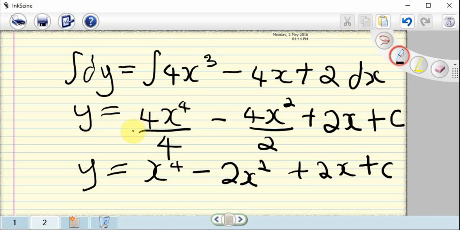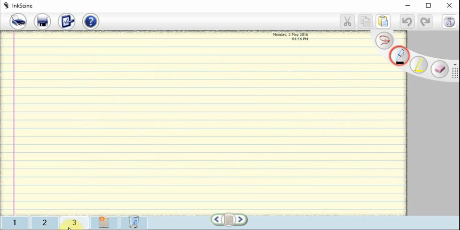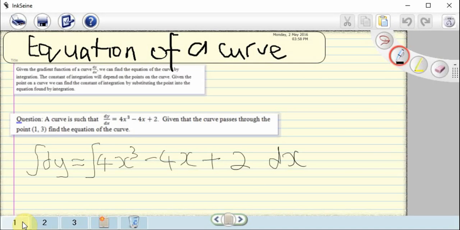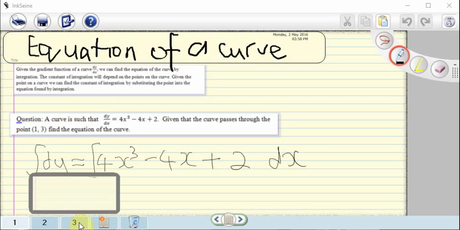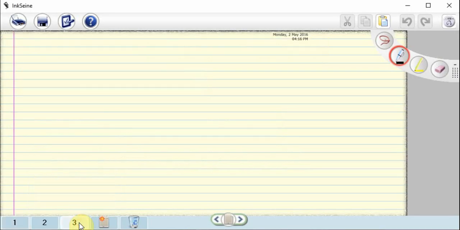Now that we're finished integrating, what we're going to do is plug in the values of x and y that they've given. The point that the curve passes through is (1, 3). Keep that in mind.